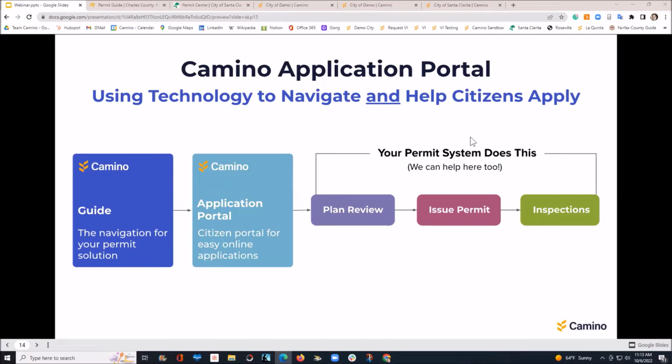Or we have had instances, Alameda, California, as an example, had a big permit system with a front end portal, but residents were making so many errors and doing things incorrectly that it was creating a backlog for them. It was actually a 4-week backlog. And by bringing in our application portal, they were able to eliminate that backlog, because they were receiving complete submittals.